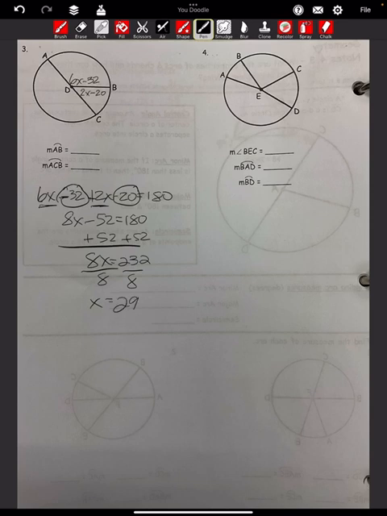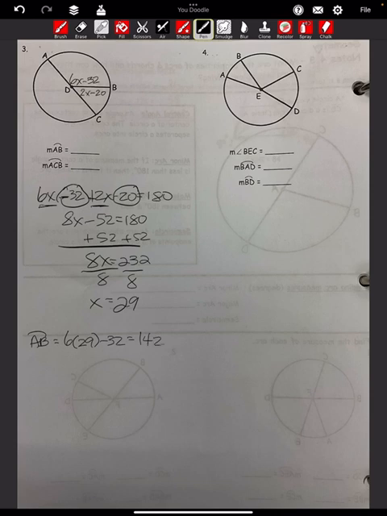All right. So now that we know x is equal to 29, to figure out the measure of AB and ACB, all we're going to do is plug into the expressions. For AB, that's going to be 6 times 29 minus 32, because originally that 29 was an x.